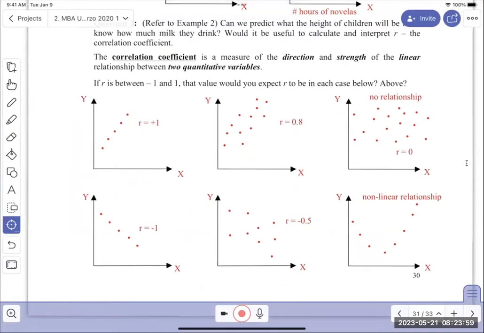Let's say I didn't have the calculation of R. Just looking here, I'm going to identify the mean in this direction, so I get all the different values of X and calculate the average. Then in this direction, do the same thing.